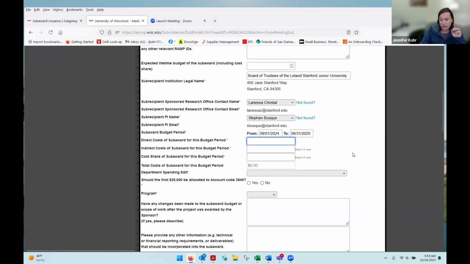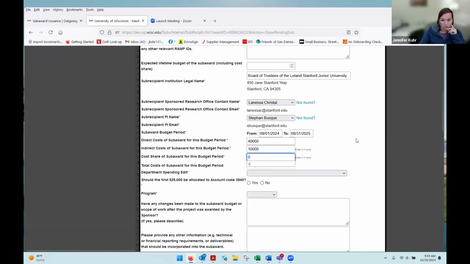So in Allison's example, she had allocated $50,000 to the subaward. For ease of math, we'll do $40,000 as the direct cost for that subaward, and then another $10,000 for indirects.